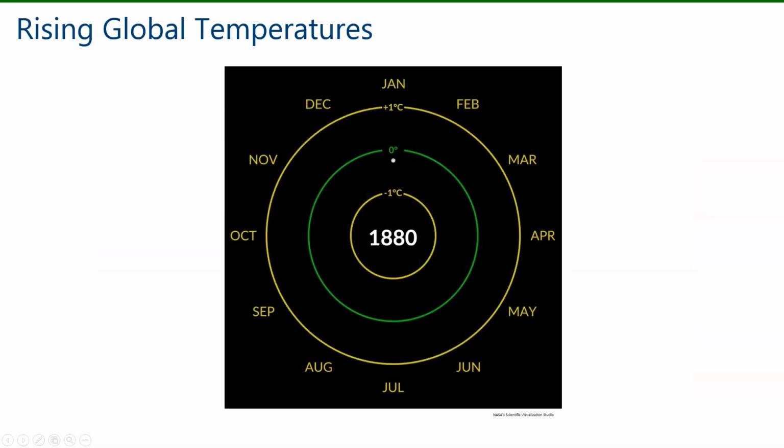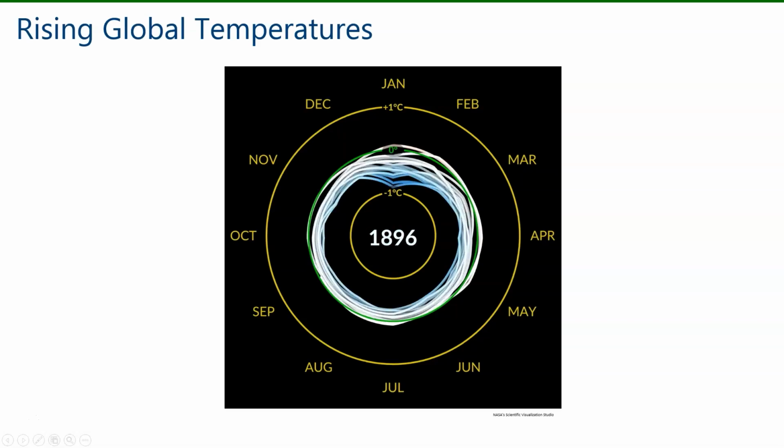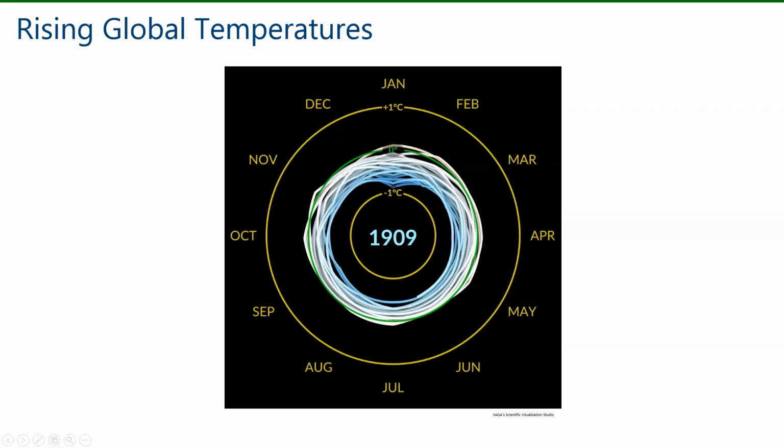Now let's look at a different simulation, also from NASA. In the center we have the year 1880, and then we have a change of -1 degree Celsius, 0 degrees Celsius, which means no change in temperature, and a change of +1 degrees Celsius. So you notice in the center that the years are going up. We're now into the 1900s.